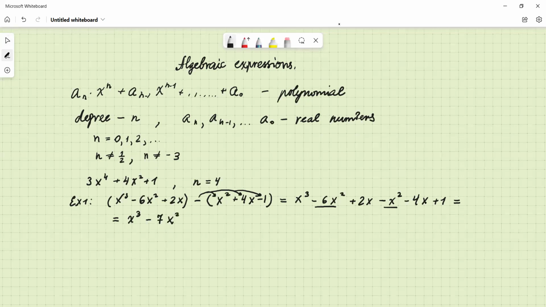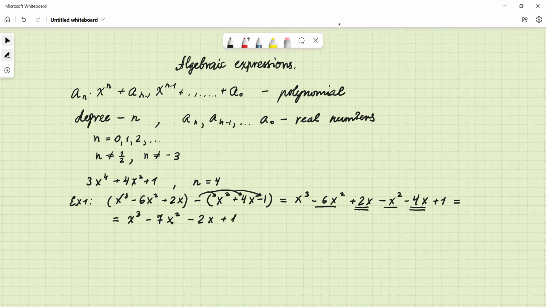Minus 7x squared. Next term is 2x and minus 4x. So you have 2 apples minus 4 apples. Well, minus 2 apples, right? So minus 2x. And the last term is just 1, and we cannot combine it with anything else. It's just going to be 1. So we simplified the result of subtraction of 2 polynomials.